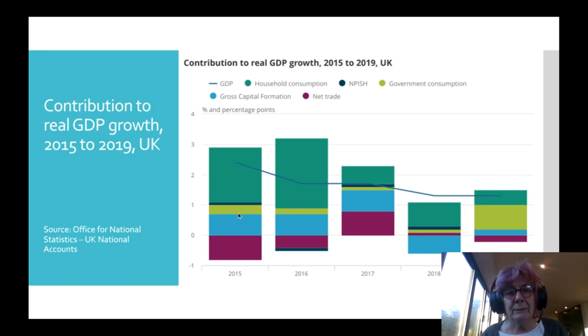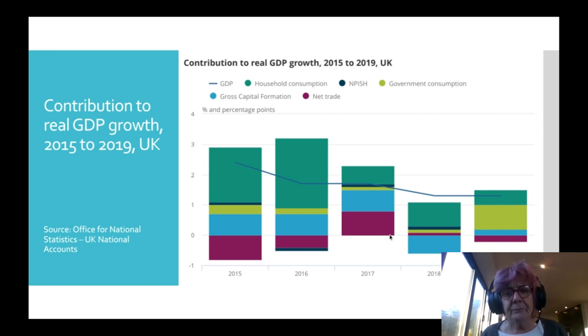We also have government spending, this yellowy mustard colour, which has made quite a small contribution to economic growth, although in the last year almost 1% of our economic growth came from government spending.